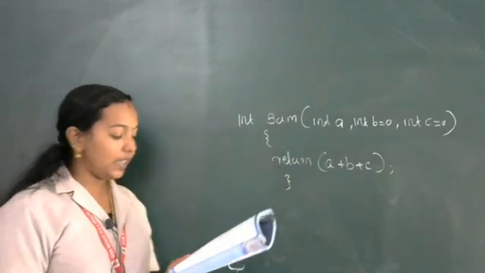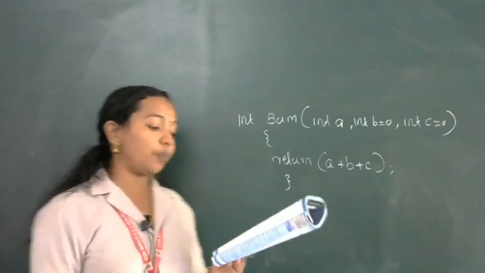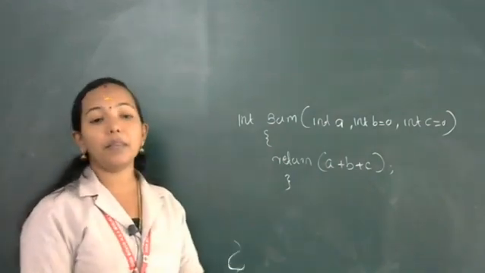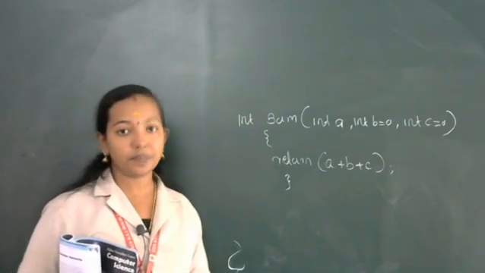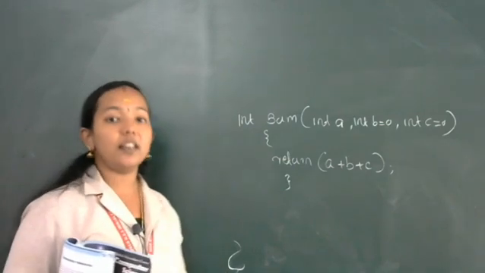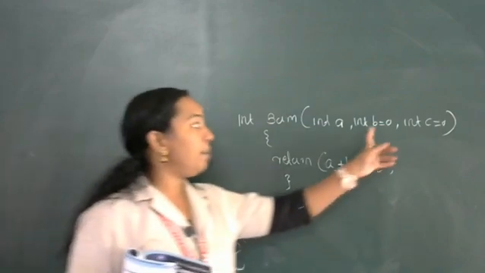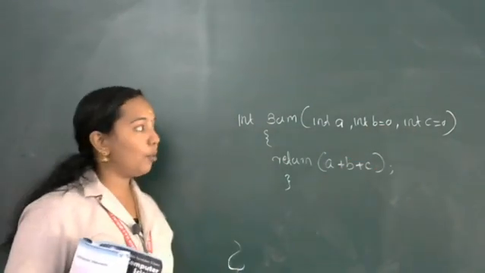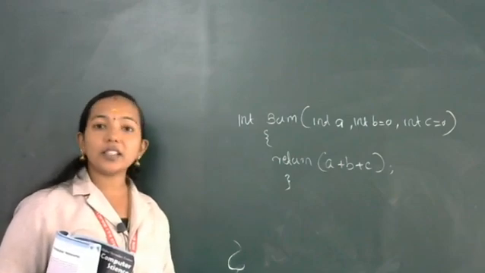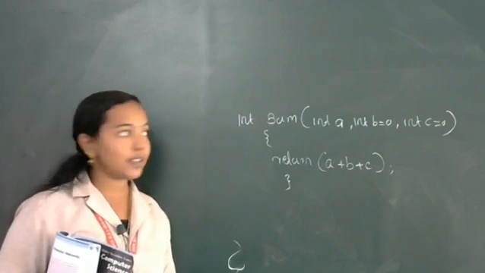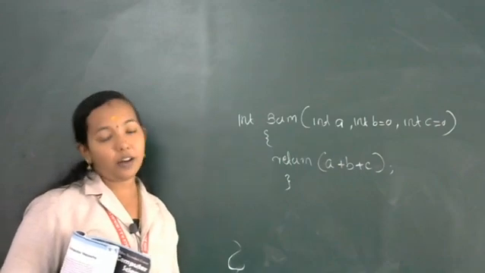Okay. Then, what is the speciality of the function regarding the parameter list? Is there any speciality for the parameters? Yes, there is one speciality. B and C both are initialized formal arguments. Initialized formal arguments are known as default arguments.